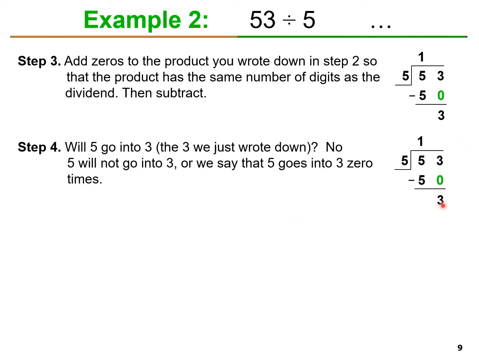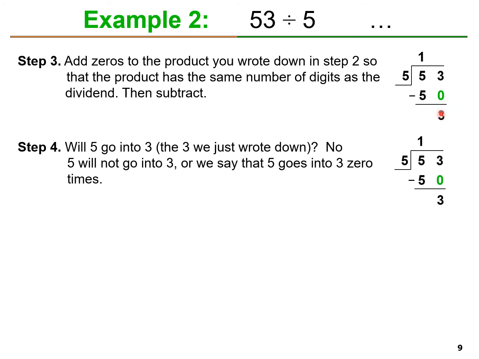Okay, so now considering this 3 here, will 5 go into this 3? No, 5 will not go into 3. Or we say that 5 goes into 3 0 times. Now, let me back up here. You might be wondering, why are we not through after step 3? Because after this subtraction here, we had a number 3, which is less than 5.